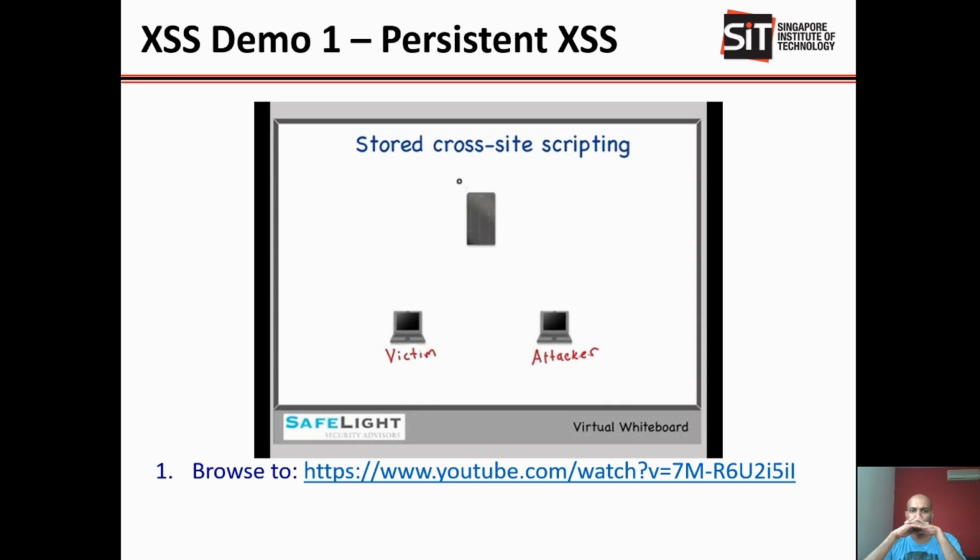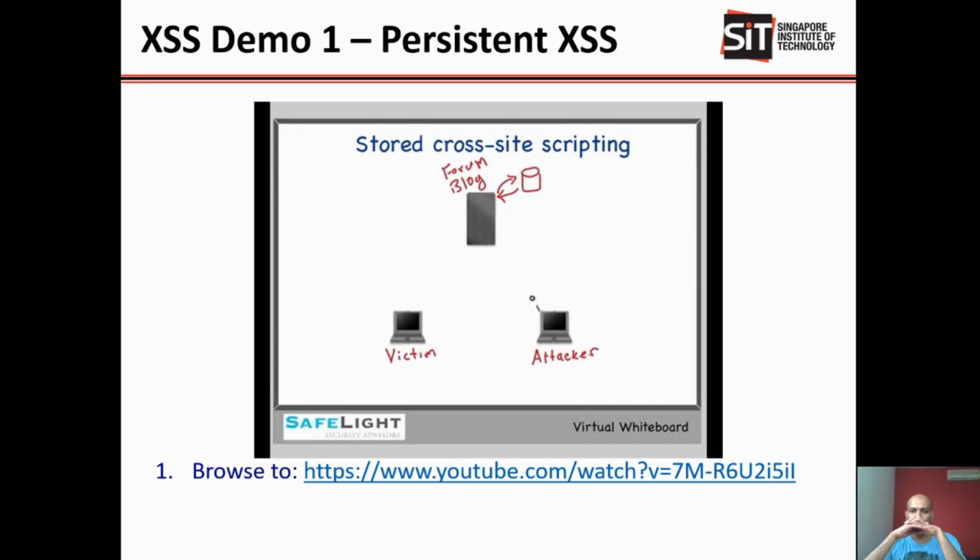Stored cross-site scripting also requires a particular kind of vulnerable application, namely one where data is stored to a database somewhere, and then later pulled back from the database and sent down to the users. This could be something like an online web forum, maybe a blog, but it could be any application where data is sent to a database and then retrieved.